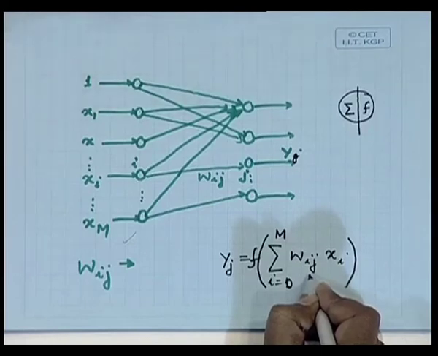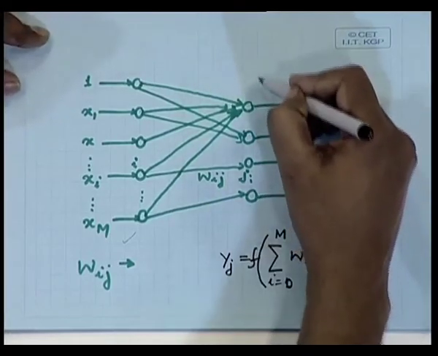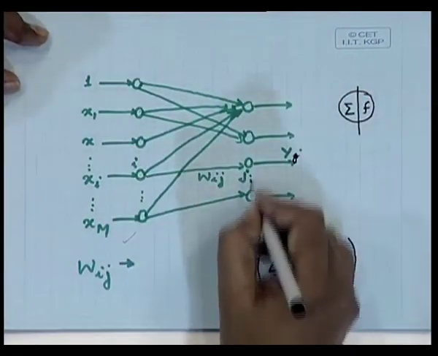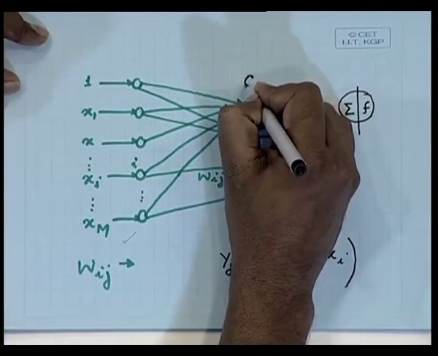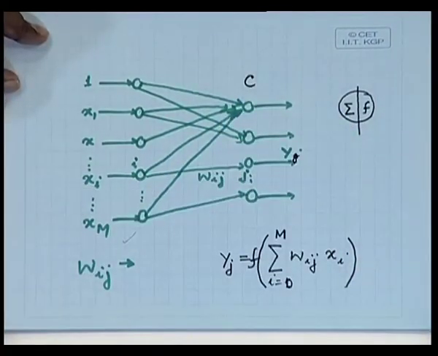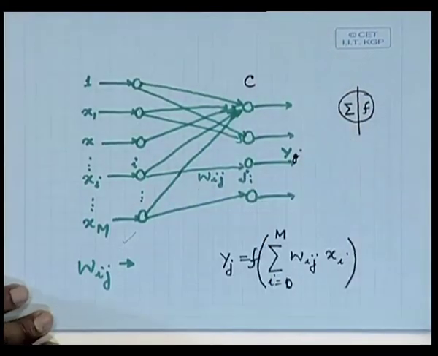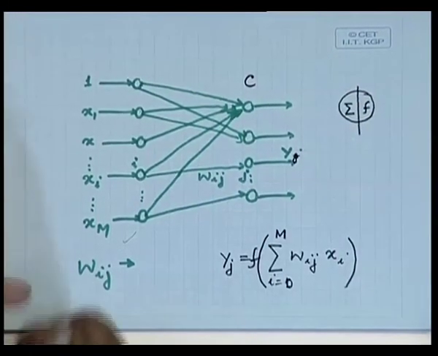For another value of j, it gives me the equation of another straight line. If I have a C class problem, I will have C output layer nodes, every node corresponding to one class. Each of them gives you a linear equation, which is the discriminant function for the individual classes.